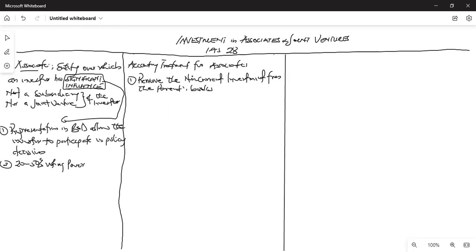But you will have to replace it with your own workings. You will have to calculate the investment in the associate, just as you do for the subsidiaries, and that is what you will include in the financial statement.